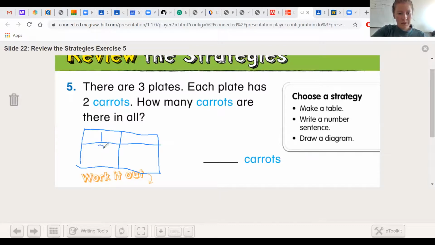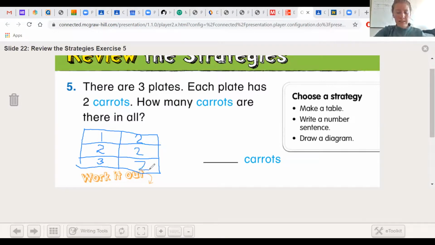Here's the second plate, and I'm going to draw a line across. And here's the third plate. Okay, so each plate has 2 carrots. So I'm going to give this plate 2, and this plate 2, and this plate 2.